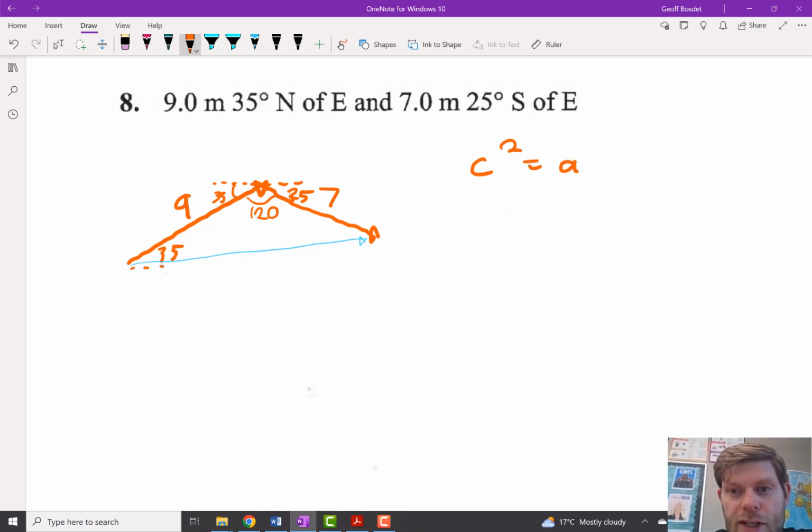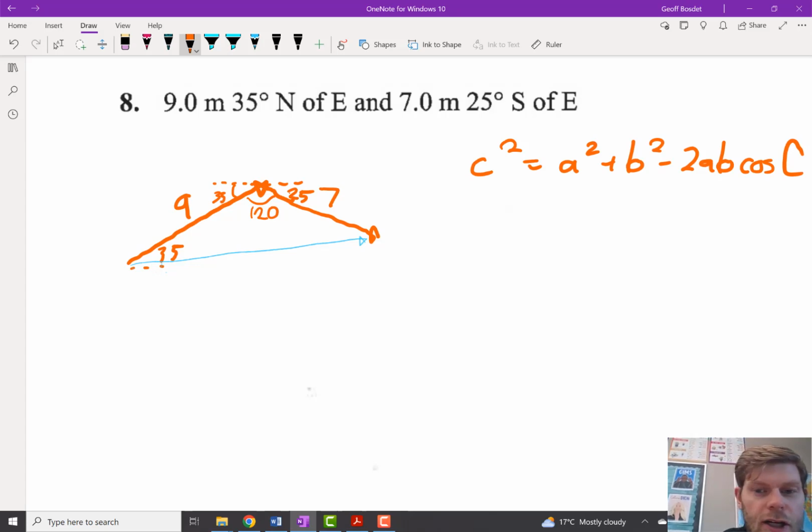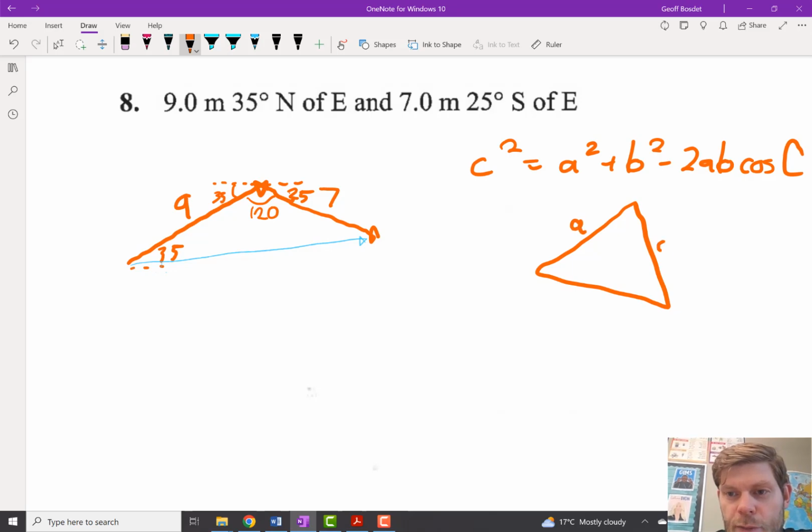It's c squared equals a squared plus b squared minus 2ab cosine big C, where you've got a triangle with A, B, and C, and the angles are related to the side opposite them. So this C would be, let's call this C right here.